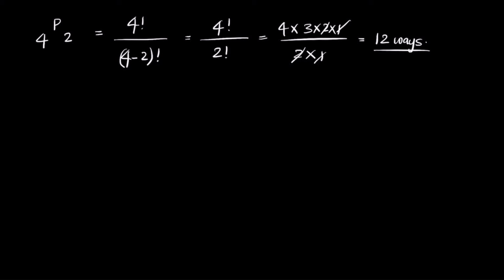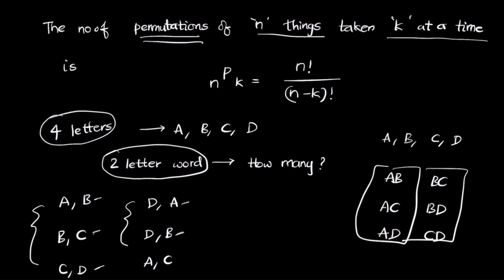Now why did we get 12 here? Remember that AB can also be arranged as BA, AC can also be arranged as CA, AD as DA, BC as CB, BD as DB, and CD as DC.